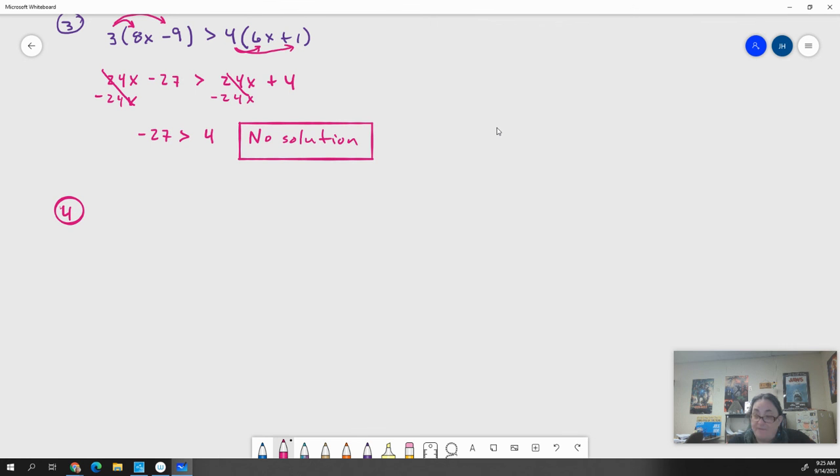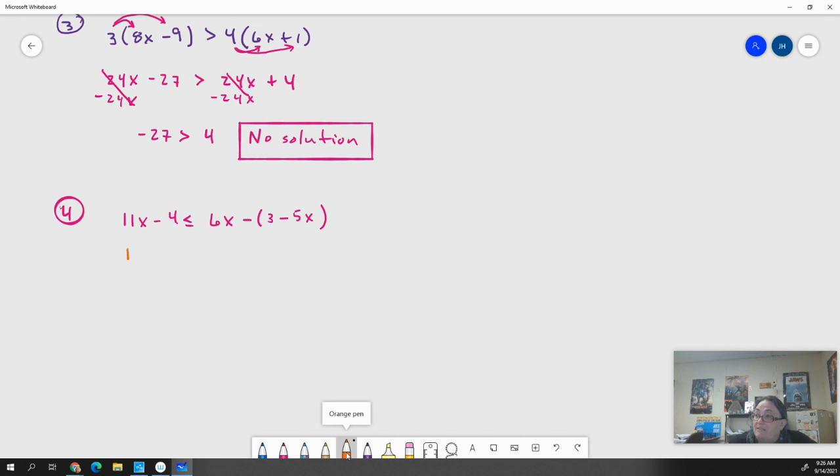So if I have 11x minus 4 less than or equal to 6x minus the quantity 3 minus 5x, and we go to solve that, we're going to start with our distribution, and you might be thinking there is no distribution because there's no number in front of it, but this negative represents -1, and we do have to do that distribution.